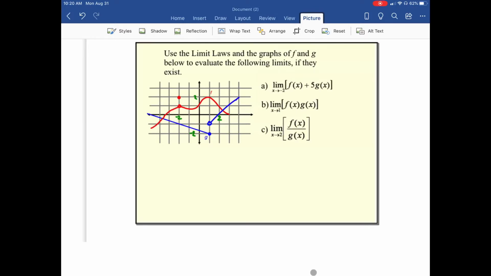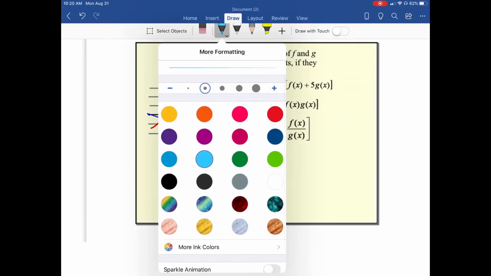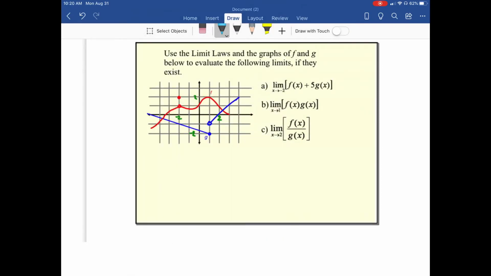Looking at the first one, part A, this is asking us to find the limit as x approaches -2 of this combination of functions, f of x plus 5 times g of x. The one thing we're going to look at first is the limit as x approaches -2 for f of x, and let's see if that exists.